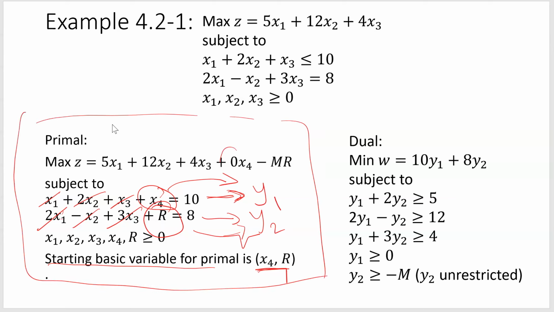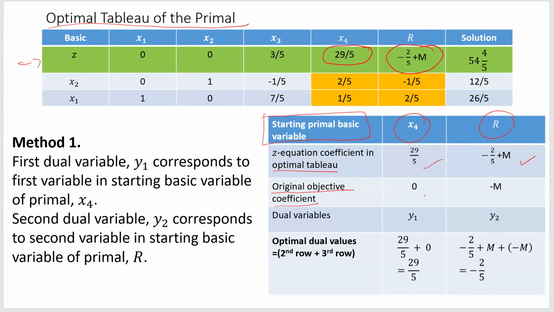So 0 for x4, and for r it is minus M. So 0 and minus M. The dual variables, as I explained earlier, are y1 associated to x4 and y2 associated to r.